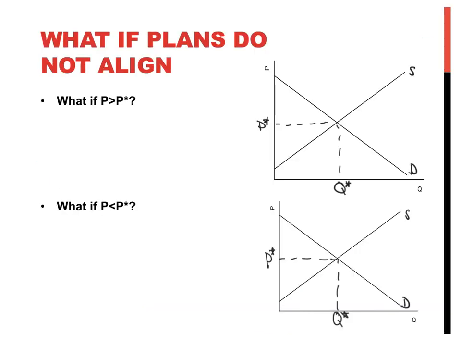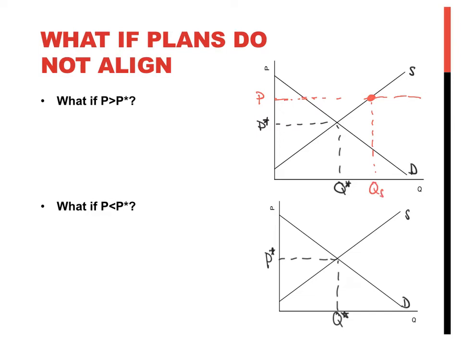So now we want to talk about what happens if the plans of buyers and sellers do not align, or what if the price is not at the equilibrium price. So what if the market price, P, is higher than the equilibrium price? Well, if the price is higher than the equilibrium price, sellers are going to want to sell a lot.